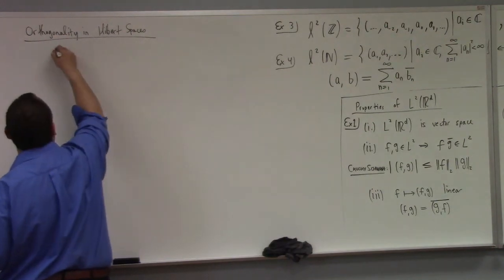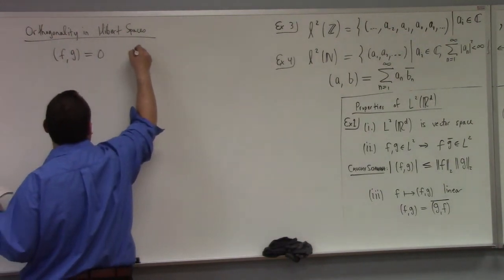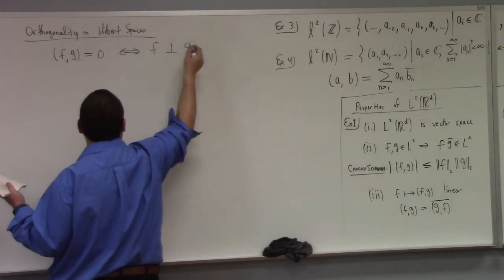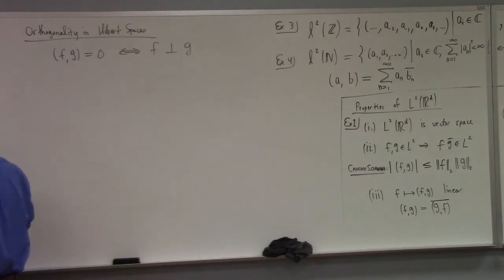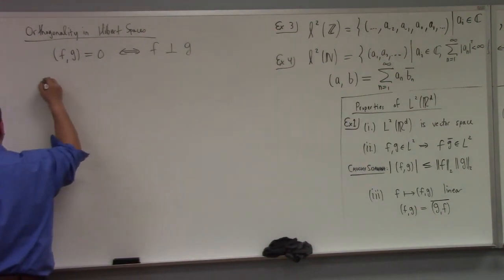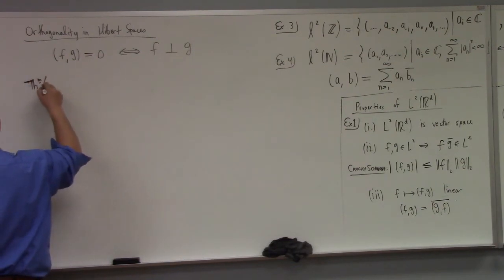We have some actually very nice theorems here. First of all, the definition: the inner product of f and g being equal to 0 is what we mean by f perpendicular to g. Right off the bat, you've got sort of the Pythagorean theorem.